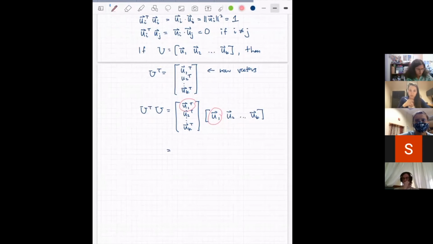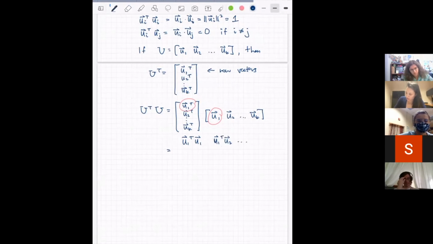When we do the matrix multiplication, we'll end up with, in the first entry, just U1 transpose times U1, right? That makes sense? Okay, and then in the second entry, we end up with U1 transpose times U2.